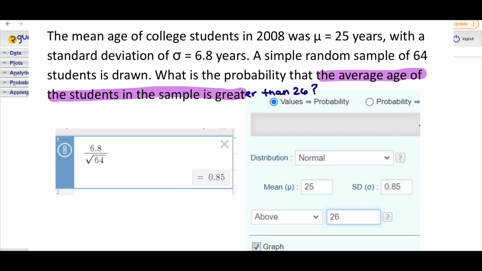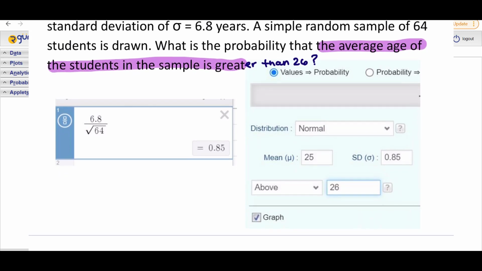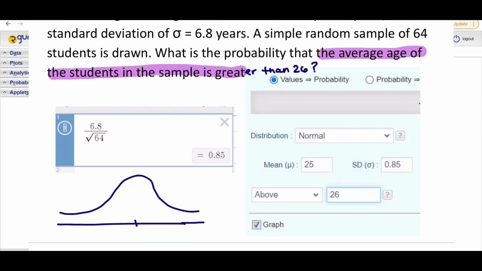And so what we can say is that when you have a sample of 64 that is bigger than 30, if we were to line up the sample averages, they would form a normal distribution, with the mean being the same as the population mean, which happened to be 25.